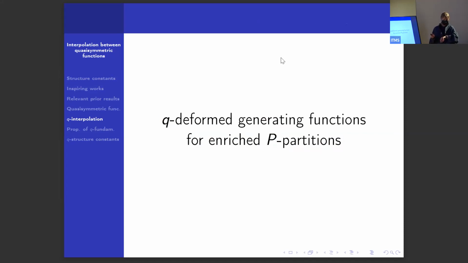Actually, we built on this similarity and define a new kind of quasisymmetric functions that interpolate between fundamental and peak quasisymmetric functions, in the same vein as Jack symmetric functions interpolate between Schur and zonal symmetric functions.